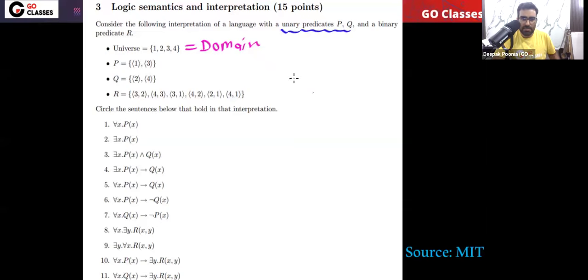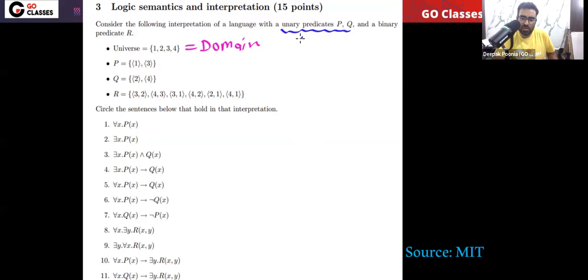Some students are saying that p equal to 1, 3 simply means that p1 is true, p3 is true, p2, p4 are false. Yes, very good, that is the correct interpretation. Remember one thing, p, q are unary predicates.